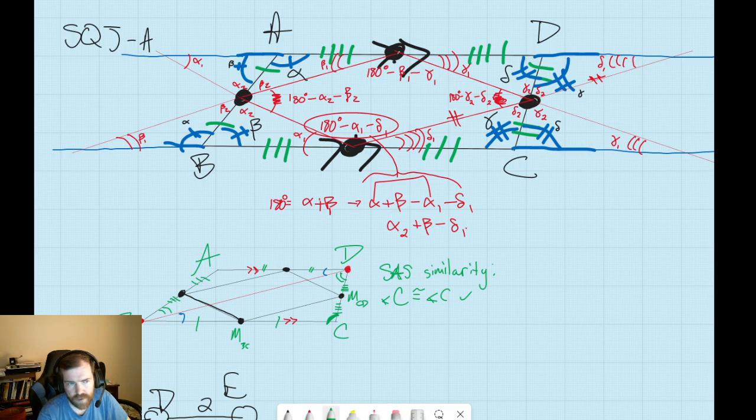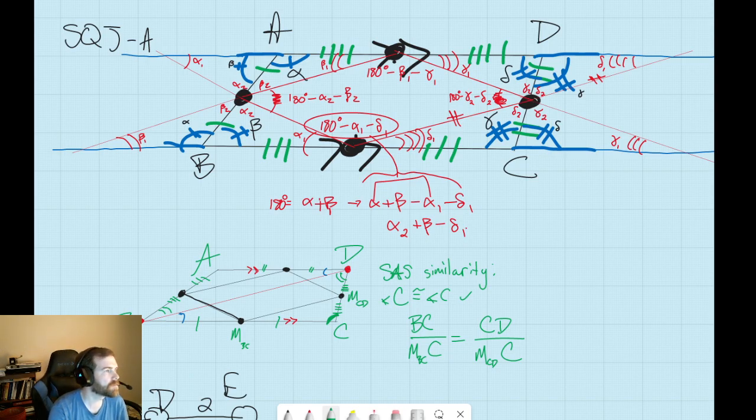So in this particular case, BC compared to MBC is going to be the same as CD over MCD. The angle inscribed by the two sides in both triangles are equal.